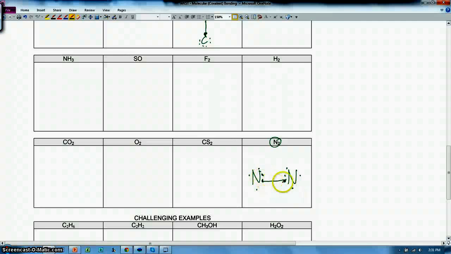If I add another one, now I have 7. So I need to do a 3rd bond, and we call that a triple bond. Now if I count 1, 2, 3, 4, 5, 6, 7, 8, my nitrogens are both happy.